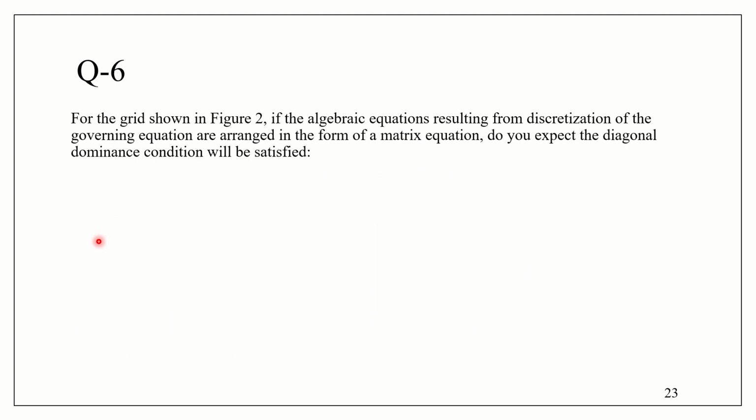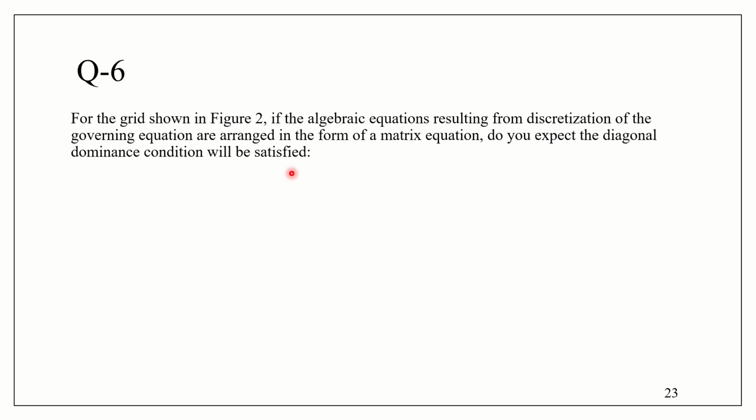In question 6 it is asked that for the grid shown in figure 2, if the algebraic equations resulting from the discretization of the governing equation are arranged in the form of a matrix equation, do you expect the diagonal dominance condition will be satisfied?